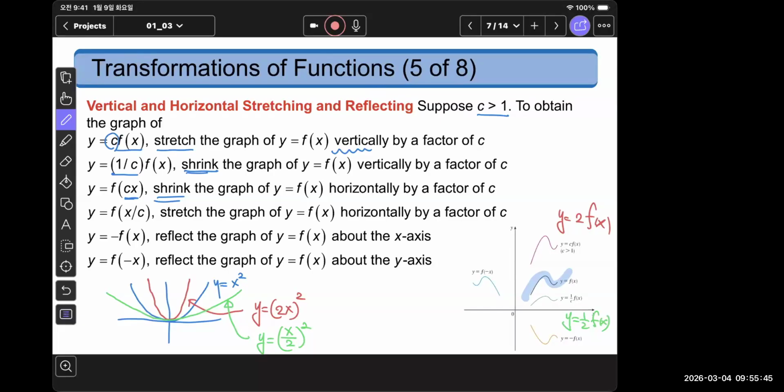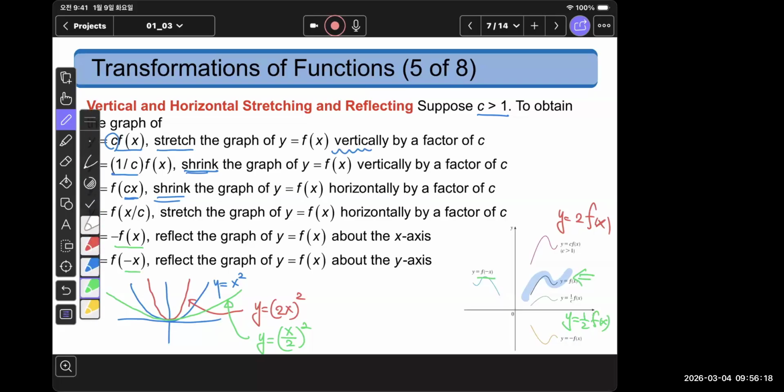As a special case, when you multiply -1 to f of x, you need to reflect the graph about the x-axis. And when x is multiplied by -1, you need to consider the reflection about the y-axis. So when this is the graph of f of x, if you consider the graph of f of -x, then you need to consider the reflection about the y-axis.